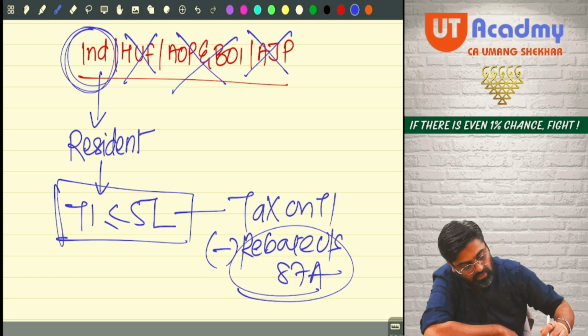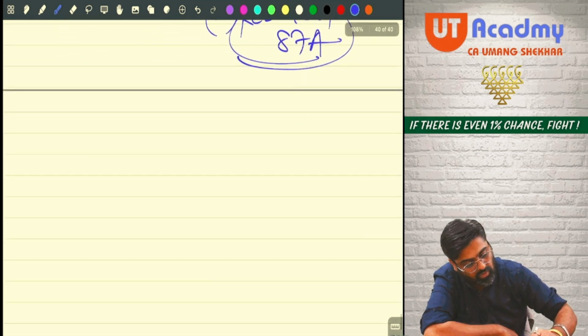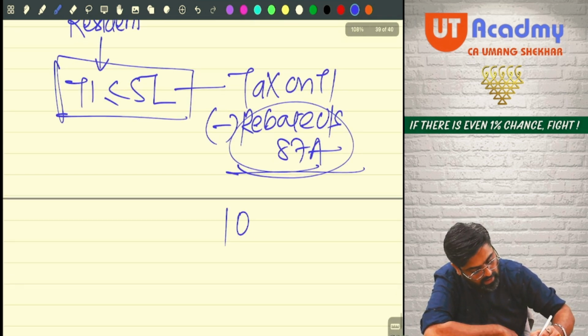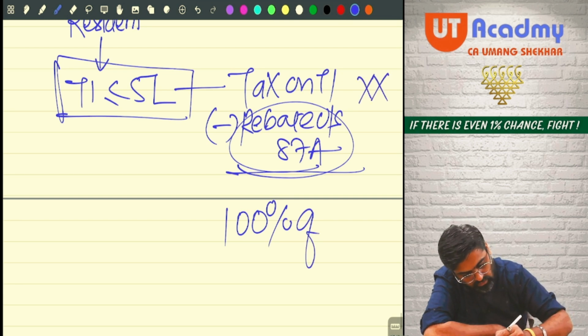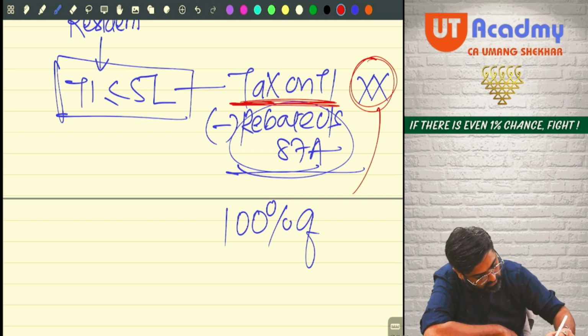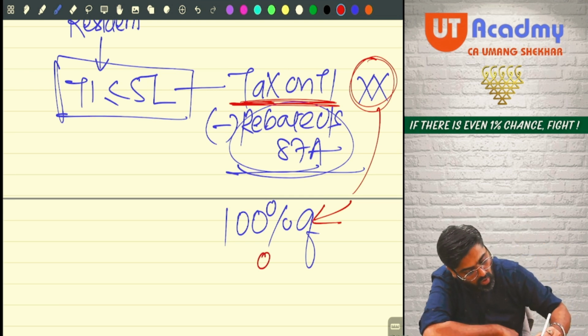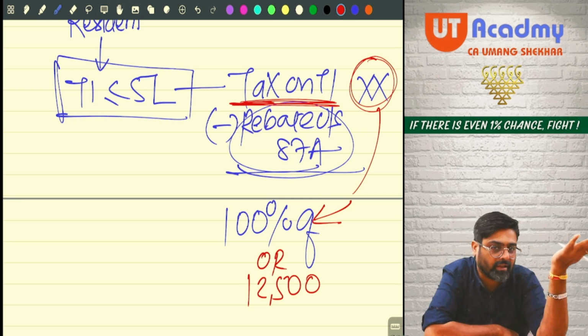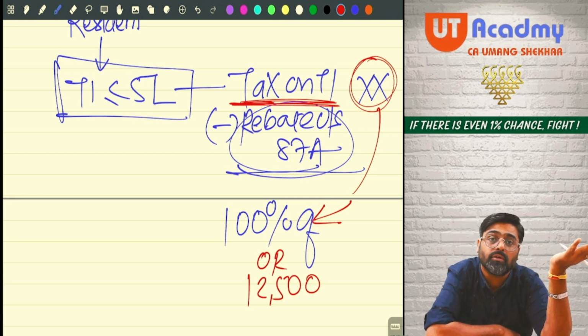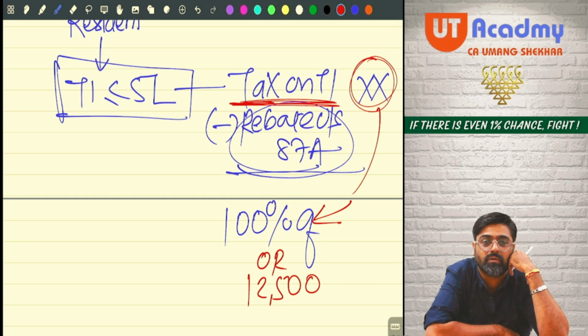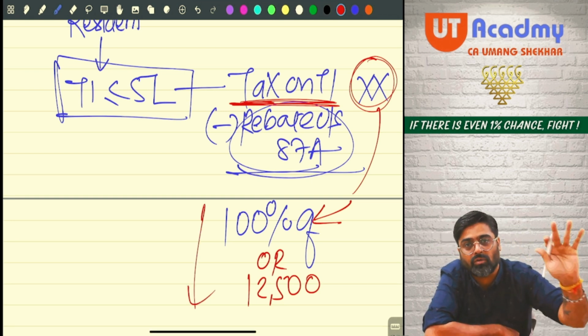Rebate amount will be either 100% of this tax. So whatever tax you have calculated, tax on total income, friends, this entire tax you can claim as rebate, or maximum 12,500. So if the tax calculated by you is 10,000, so 10,000 or 12,500, whichever is lower, 10,000 will be your rebate.